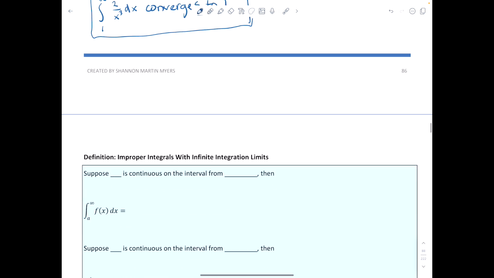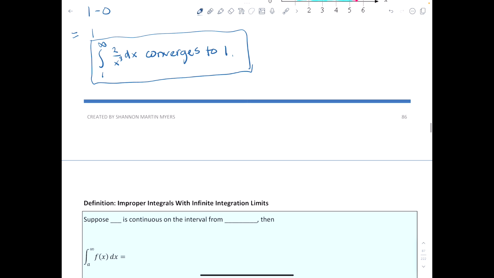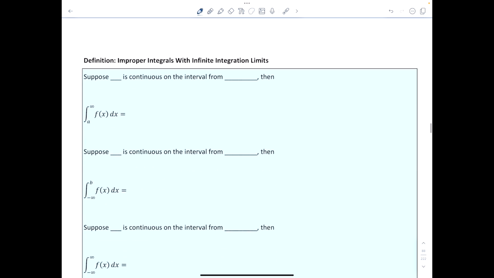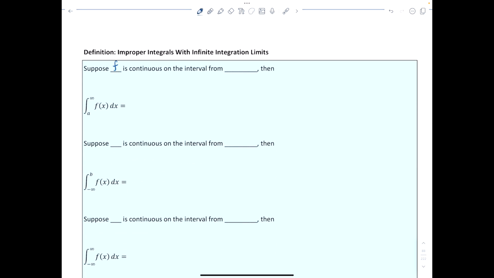All right, so let's look at the official rules here. Suppose that f is continuous on the interval from a to infinity. Then, just like we had done before, we would have the limit as b approaches infinity of the integral from a to b of f of x dx.